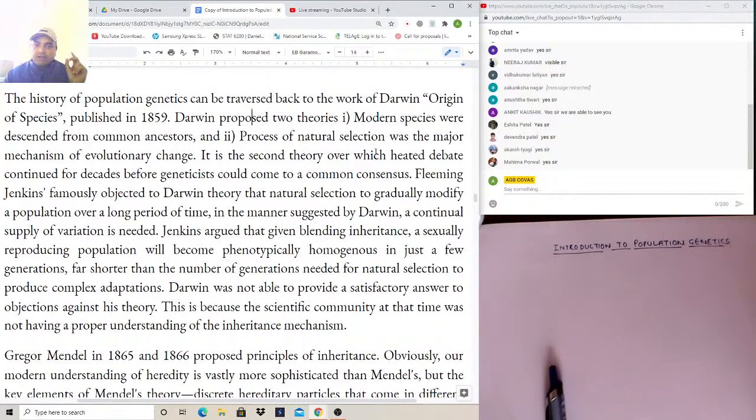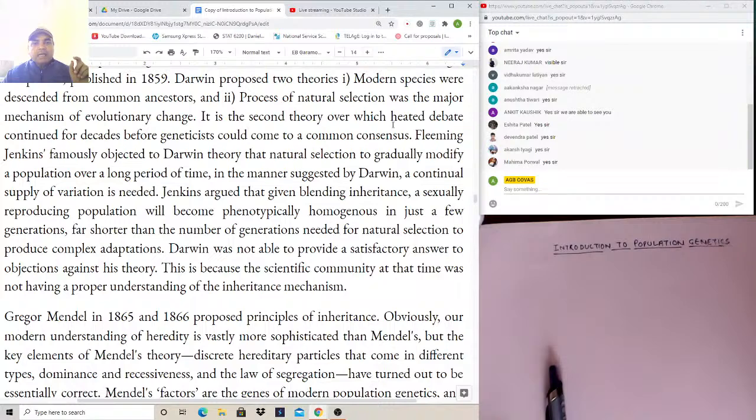What were those theories? First, that modern species were descendants of common ancestors. Whatever modern species we are seeing today are actually descended from a common ancestor. There was initially a common ancestor, and there was a bifurcation of the branches, and that is why we are able to see species which are reproductively isolated.